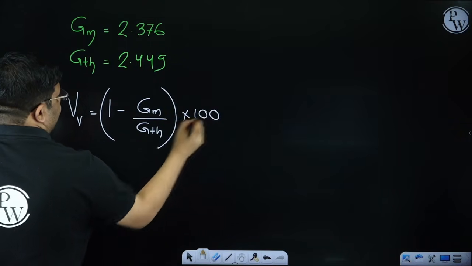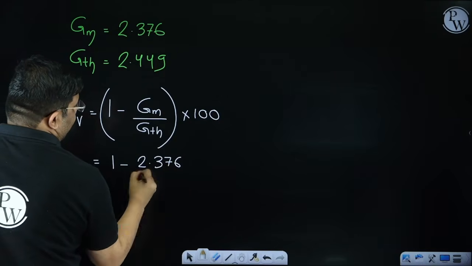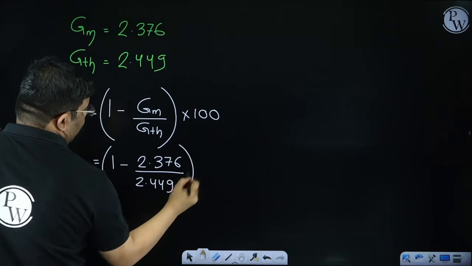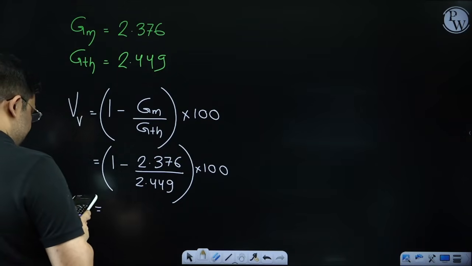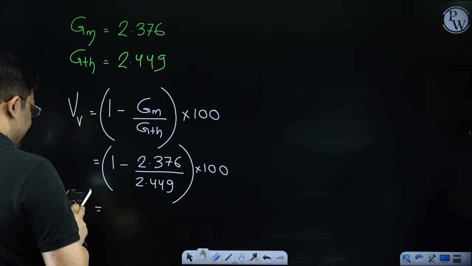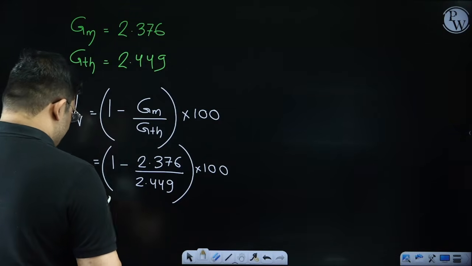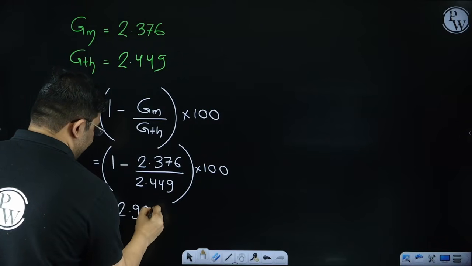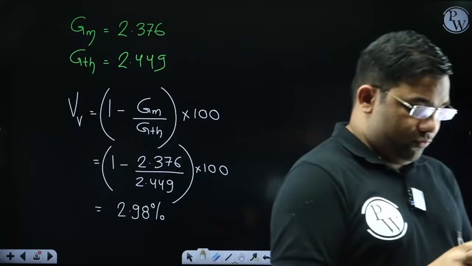This is 1 minus 2.376 divided by 2.449 into 100. I am getting a value of approximately 2.98 percentage. Let me just cross check this value once.